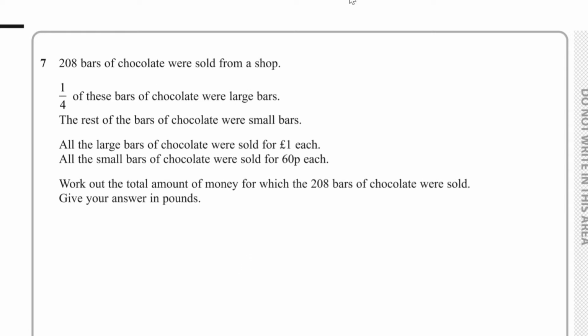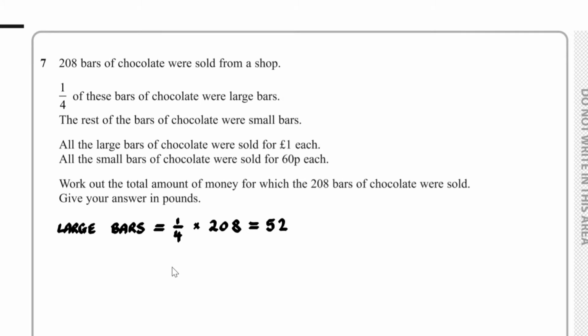Well, the first thing we can do is find out the number of large bars. We've got 1/4 of 208, which are large. So 1/4 of 208, that's equal to 52. So we have 52 large bars of chocolate.